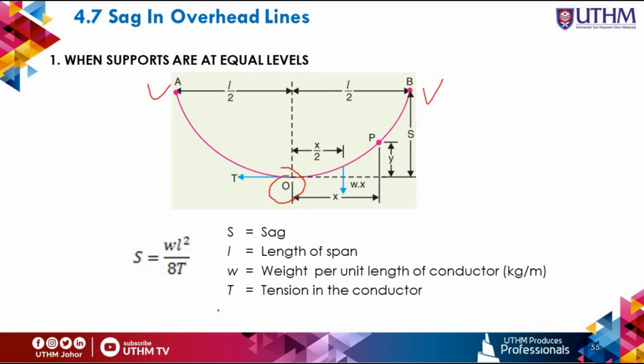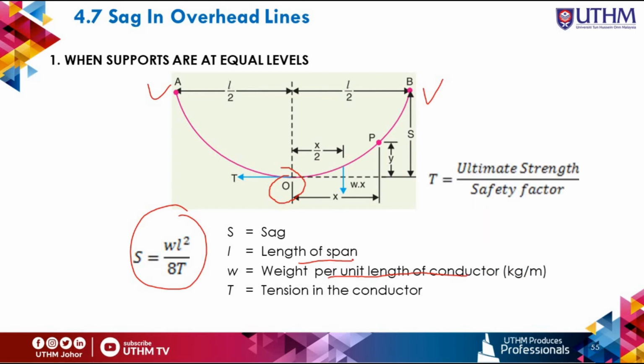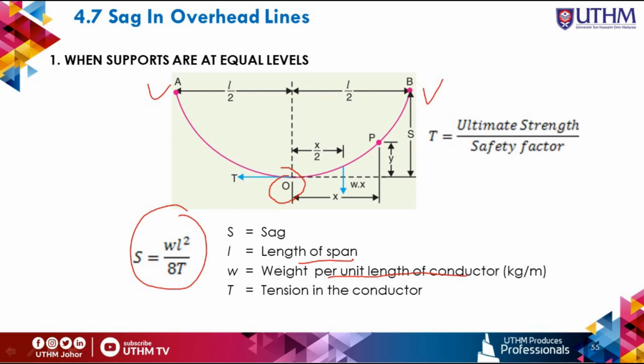When supports are at equal levels, we can use this equation to calculate the sag: sag S = WL² / 8T, where W is the weight per unit length of conductor, in kilograms per meter, L is the length of the span, and T is the tension in the conductor. The tension in the conductor T is equivalent to ultimate strength divided by safety factor.